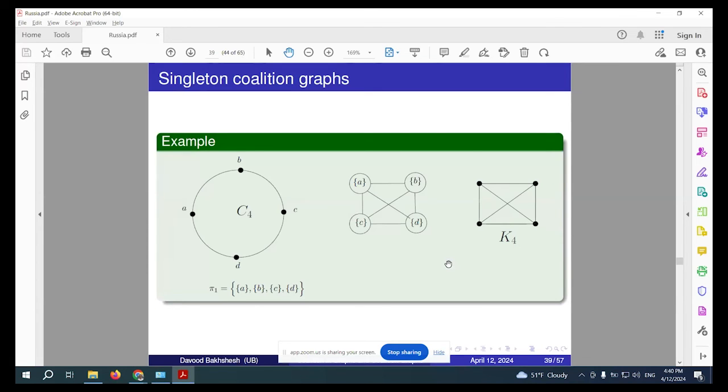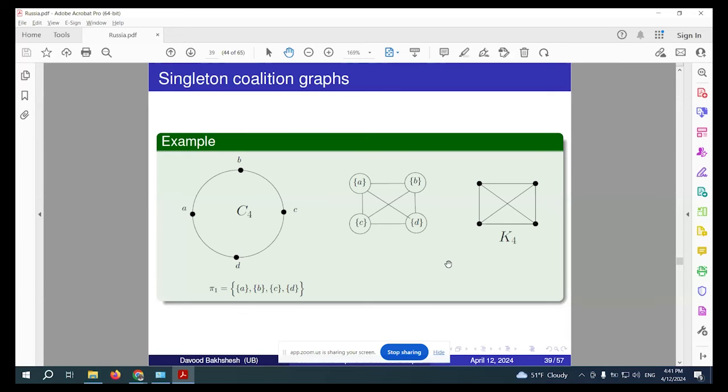For example, consider the cycle C4 on the left side of the picture. A, B, C, D are the vertices of the cycle, and you can see that P1 is a coalition partition for C4 and contains four vertices. You can see the coalition graph of C4 associated with P1.